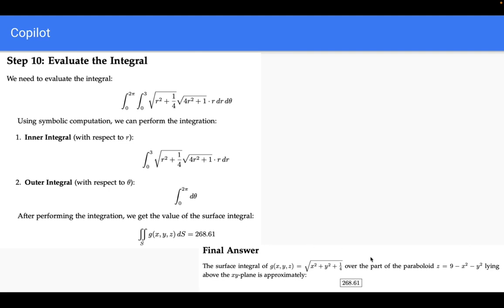And thus, the output for Copilot is 268.61. Again, the steps were very similar, and the expressions, the integrals, and the conversion to polar coordinates were all the same. However, we have a third different final answer.